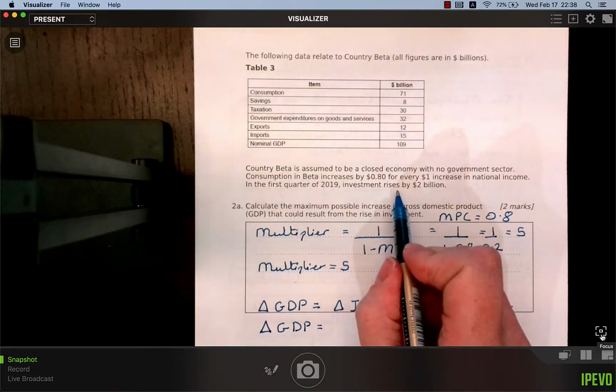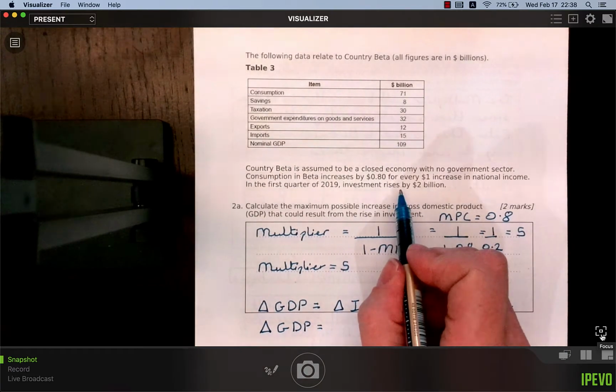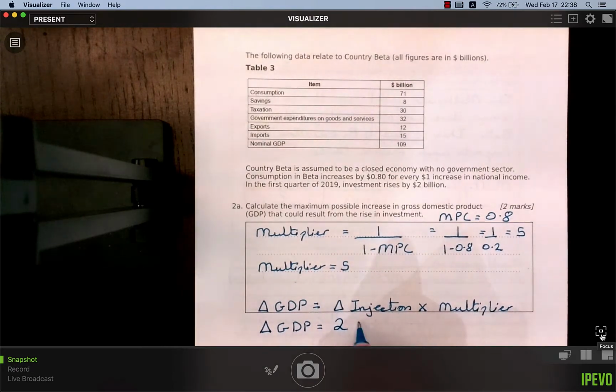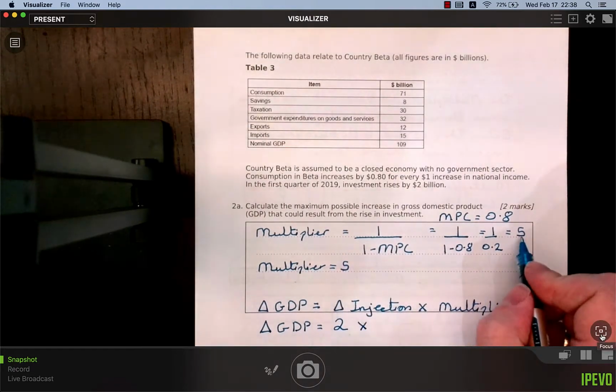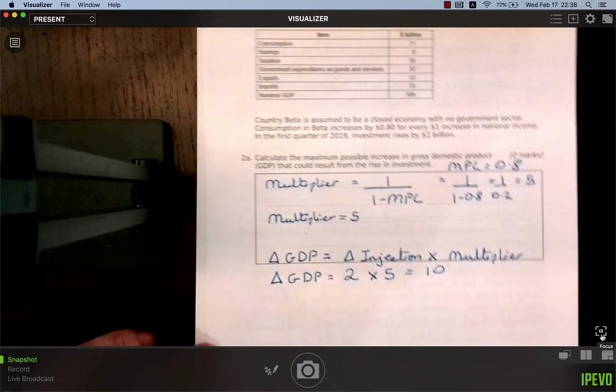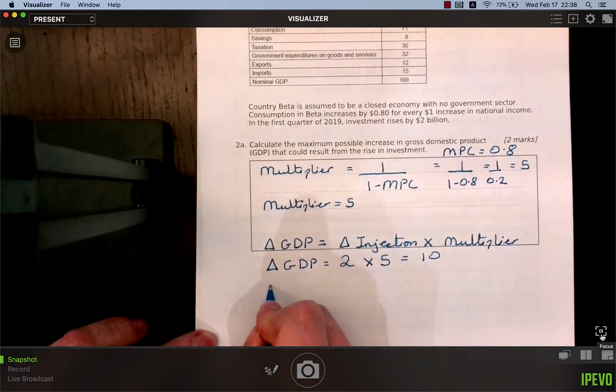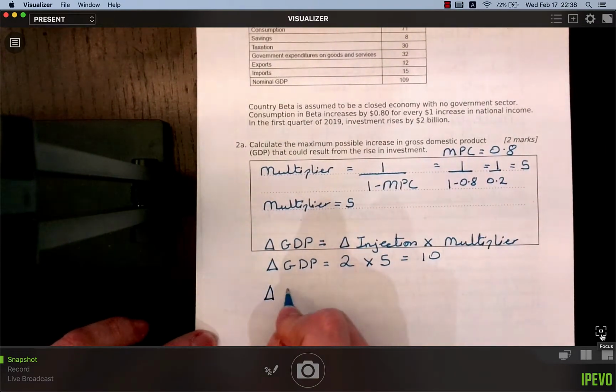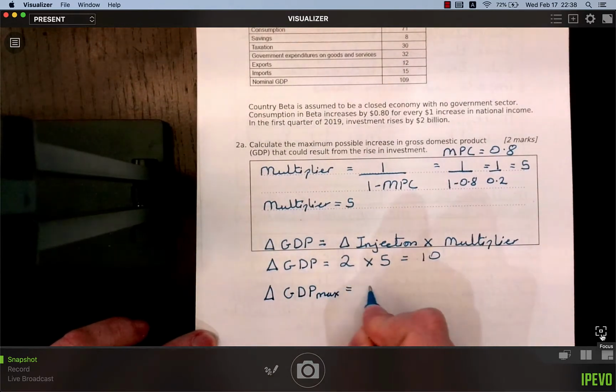Investment rises by 2 billion, so that's 2, multiplied by the multiplier, which we've already worked out as 5. So that's 5 equals 10. So now what we're saying here is that the change in GDP, which is the maximum change, equals $10 billion.